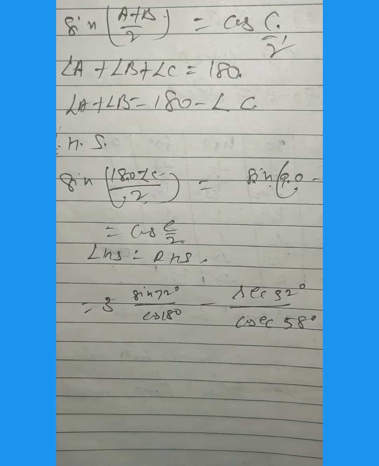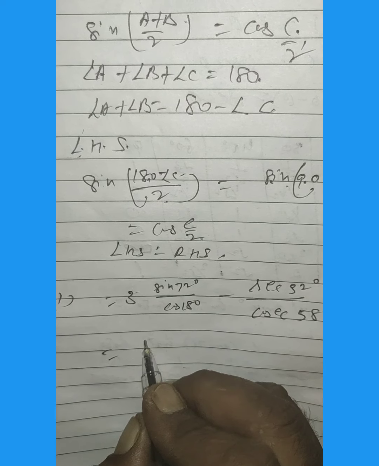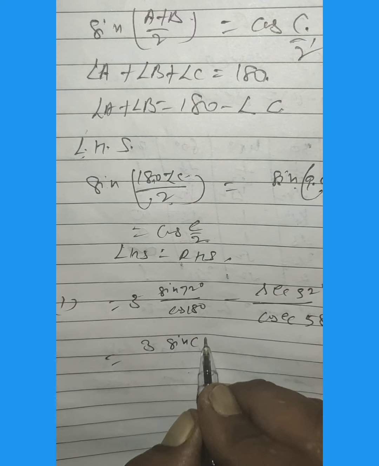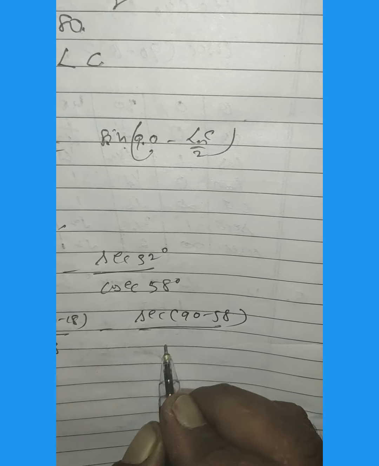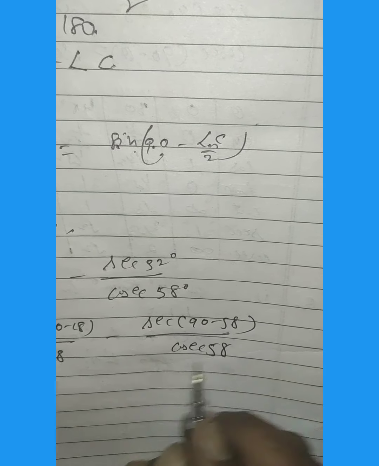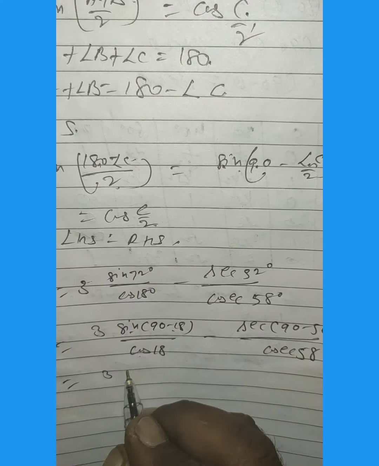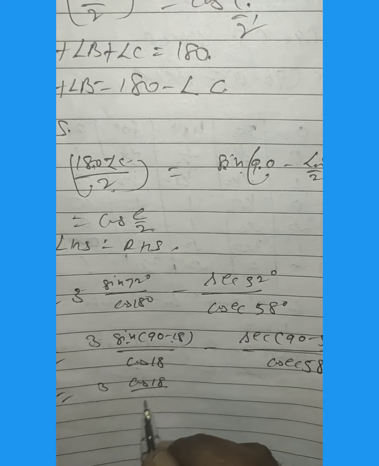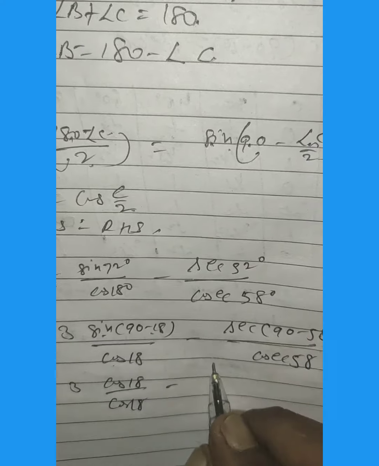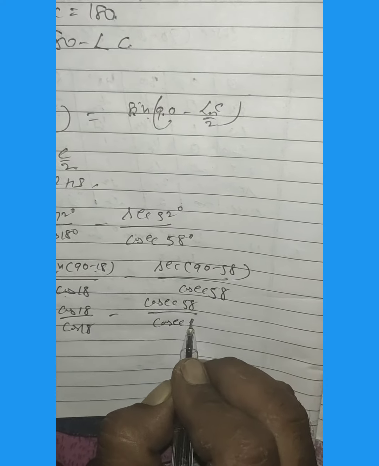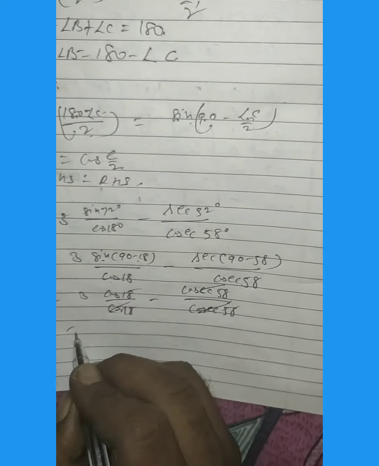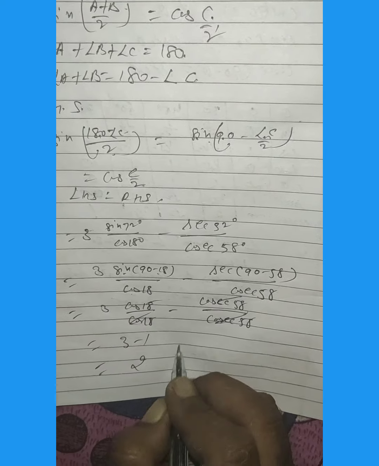So you can write 3 sin(90 minus 18) over cos 18 minus sec(90 minus 58) over cosec 58. Then 3 cos 18 over cos 18 minus cosec 58 over cosec 58. The result is 3 minus 1, 2, is your answer.